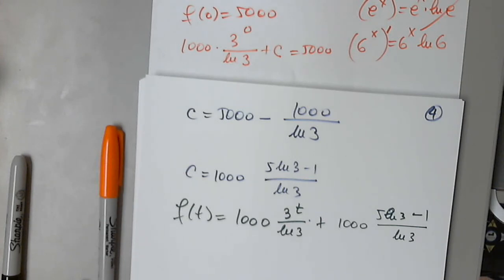Now, they are asking us to determine how many bacteria are there after 1 hour. So I have to plug in 1 hour. I have to use the calculator because I will never tell you, if you ask me how much money you have in your pocket, I'm not going to say 1,000 times 3 to 1 over natural log 3 plus 1,000 times 5 natural log 3 minus 1 over natural log 3. So I have to determine this. So let's determine it.